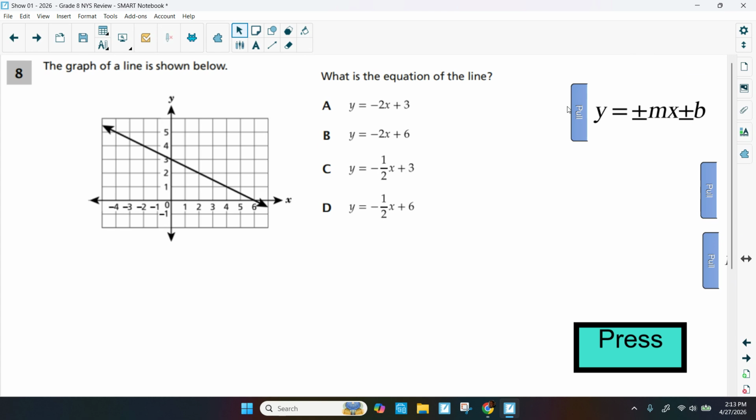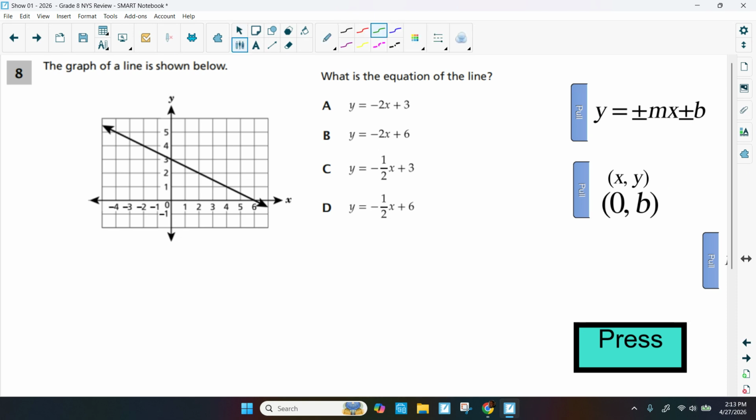So let's look at the equation. And what else do I got over there? Let's see. Starting point. I mentioned about the b. It could be plus or minus because that's where the line intersects the y-axis. So I'm going to look and find the point right there.